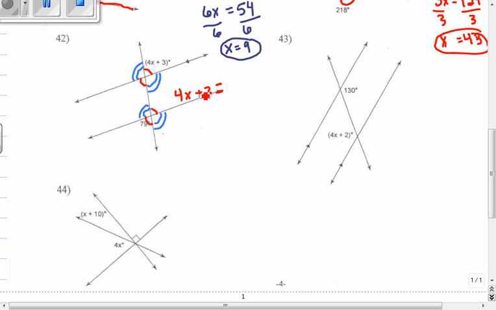Well, if we have parallel lines cut by a transversal, we only have two different angle measurements, so we only have two different angle relationships. They can either be supplementary, which means they add to 180, or if they're not supplementary, they are congruent, which means they are equal to each other. In this case, we have the same angle mark, which means they are congruent. So 4x plus 3 equals 79. That means 4x equals 76. So x equals 19.